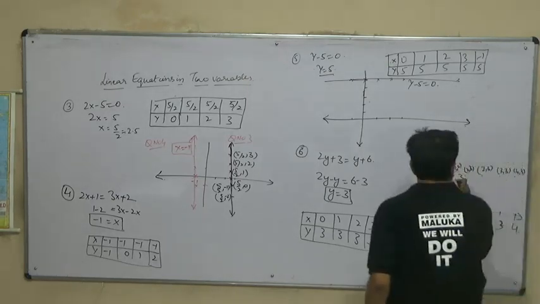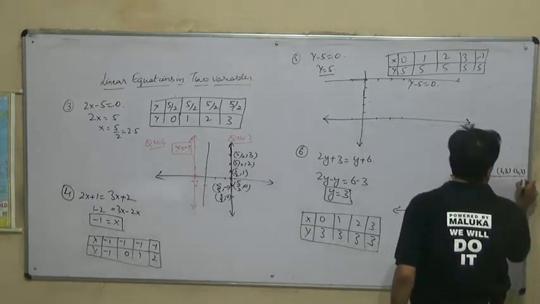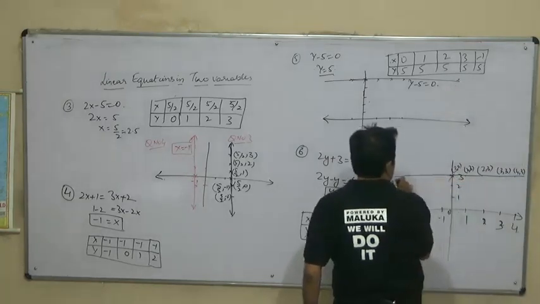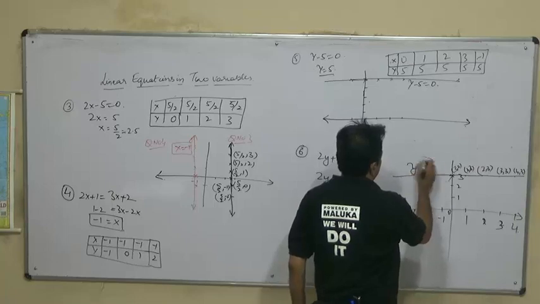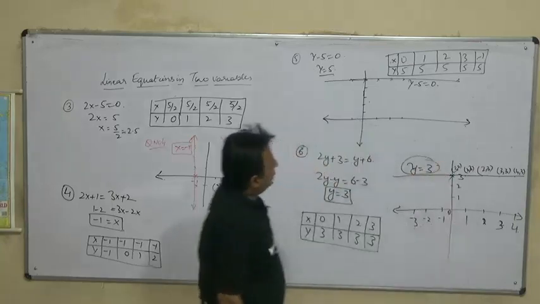So when you join these points, you will get the graph y is equal to 3. So this will be the required graph.